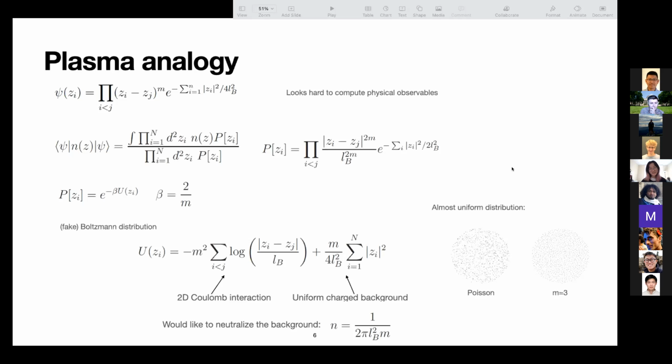Yeah, but here we are actually computing a gauge invariant quantity, right? It's the charge distribution. So it doesn't depend on gauge choice.